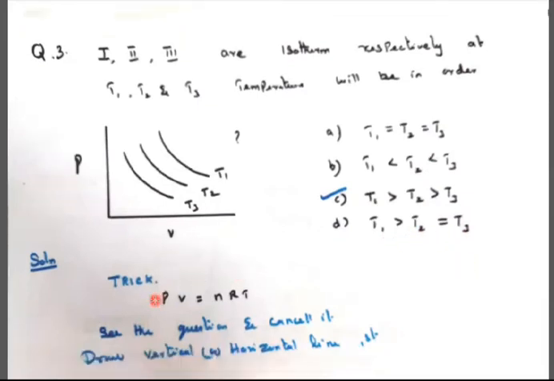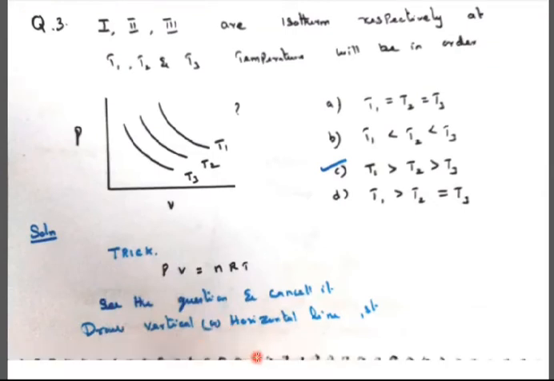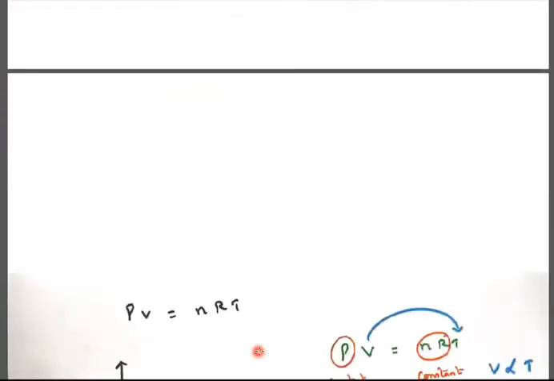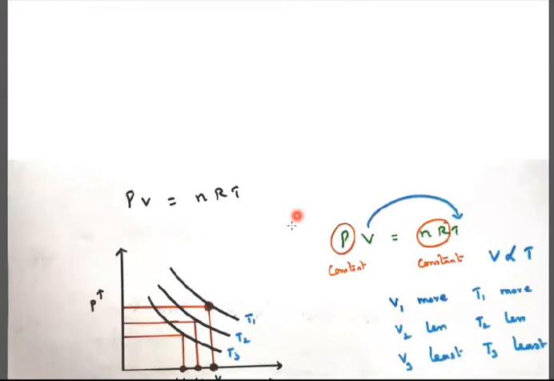The trick we will follow is PV is equal to nRT. See the question and draw the vertical and horizontal lines first. The first curve is T1, the middle curve is T2 and the bottom curve is T3.